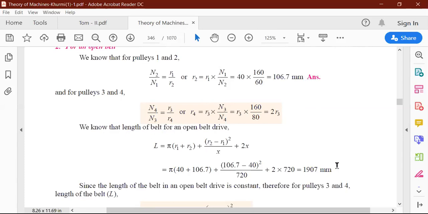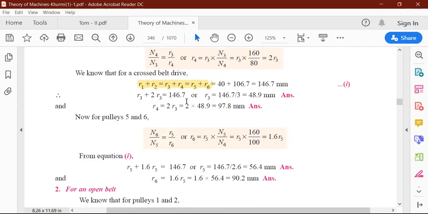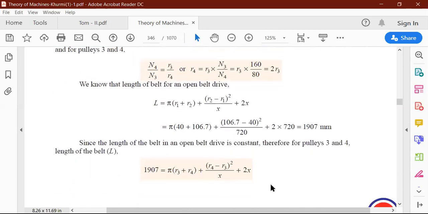Okay. So in cross belt drive, we compare the summation of radius, but here we just compare the length of belt because length of belt in that case is also same. So here we get the length value, that is 1907 mm.